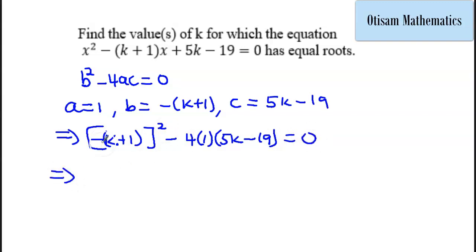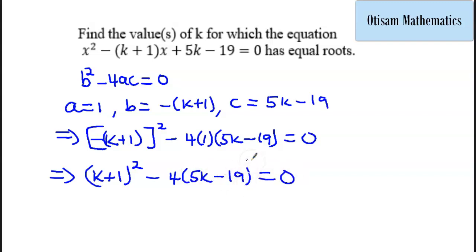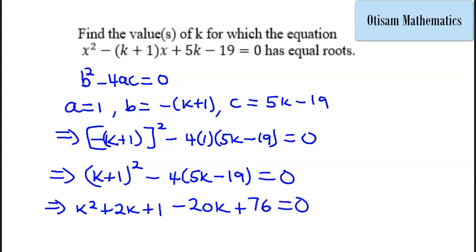So we then expand. The square will take care of the negative. So we are going to have k plus 1 all squared minus 4 times 5k minus 19 is equal to 0. We then expand this one. So k squared plus 2k plus 1 minus 20k plus 4 times 19 is 76, which is equal to 0.